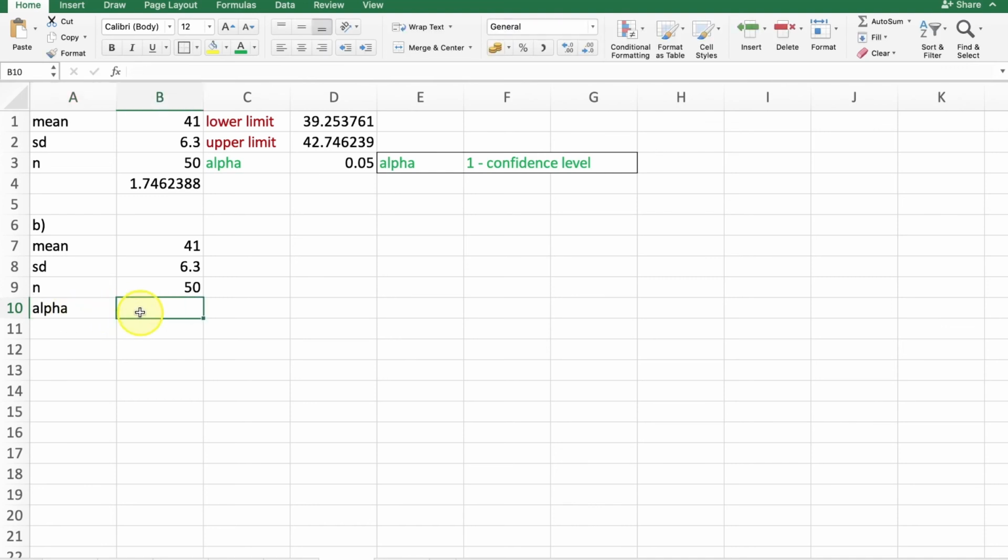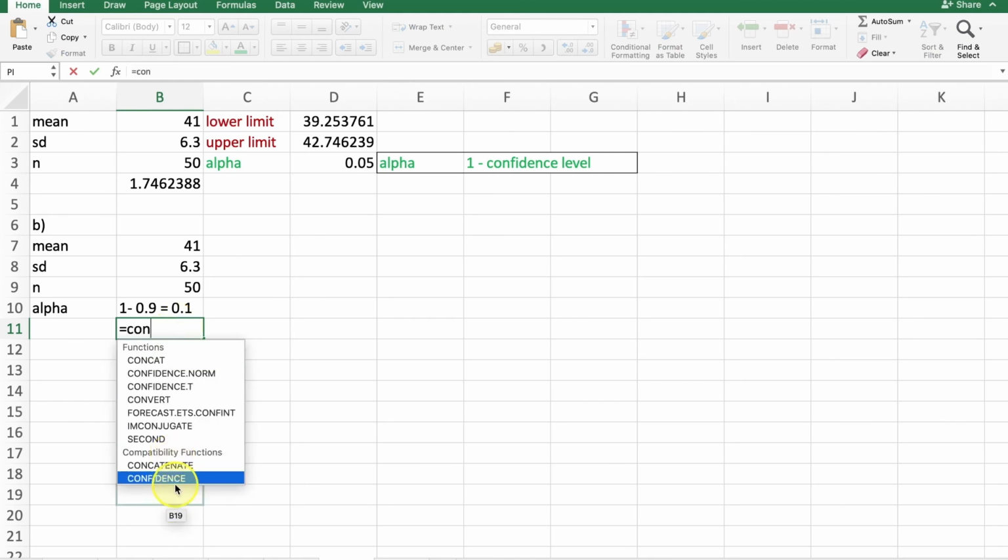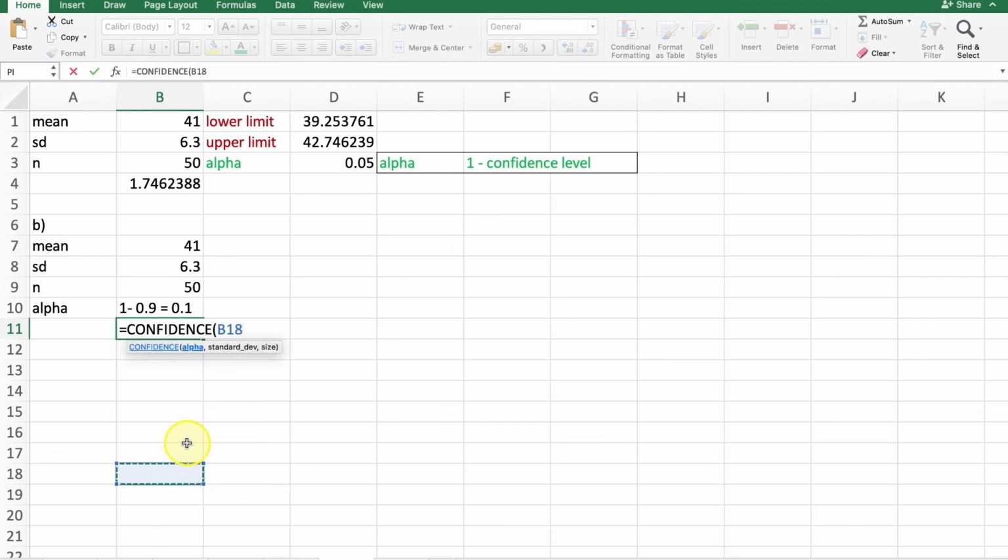So for letter B, let's compute for the confidence, but we have to take note that alpha is equal to 1 minus 0.9, which is equal to 0.1. Okay, that's alpha. So, equals confidence. That one requires alpha.